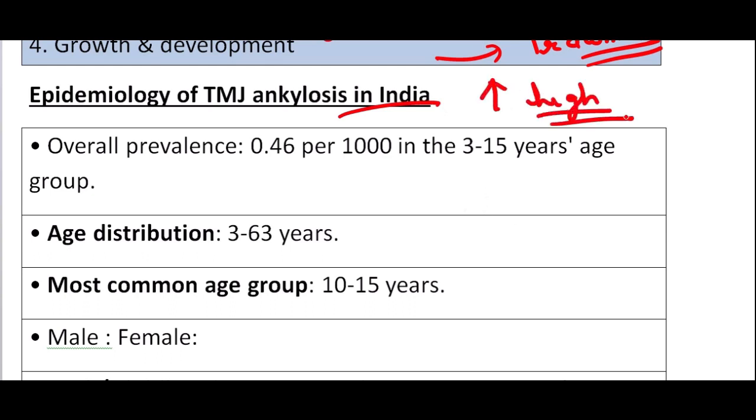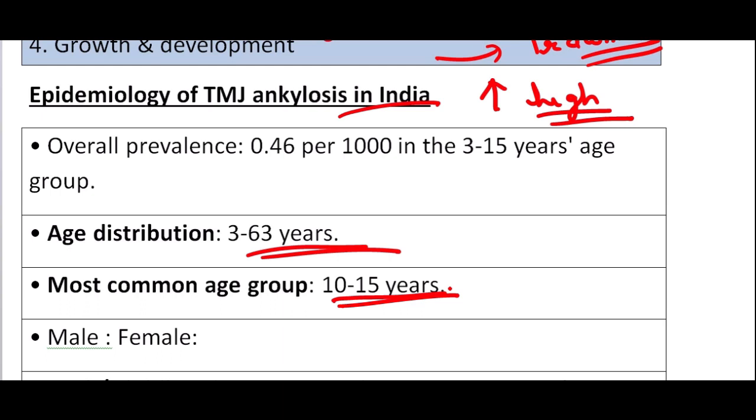Reported cases range from as early as 2 years old to as late as 63 years of age, with the onset often observed between 10 to 15 years of age. This indicates that the condition can affect individuals from a very young age and impact their jaw function as well as growth.